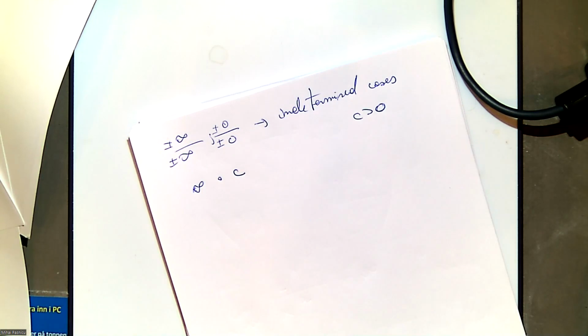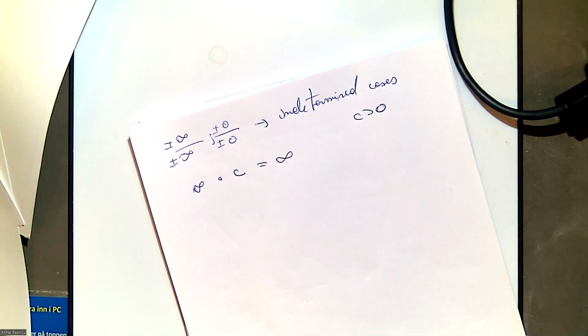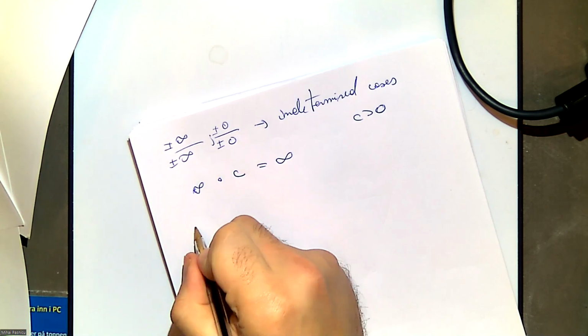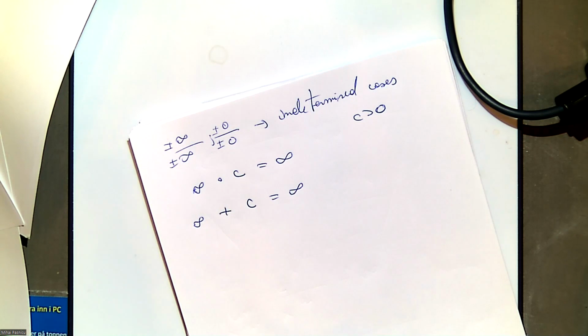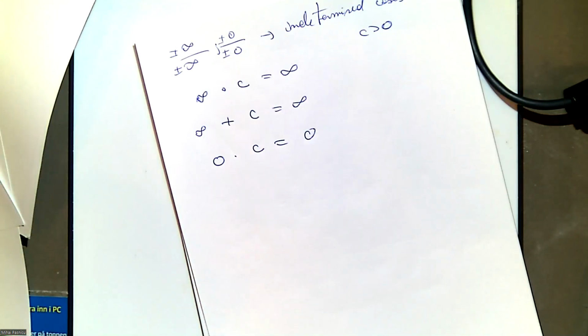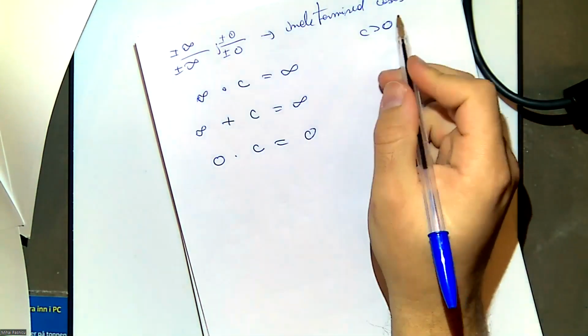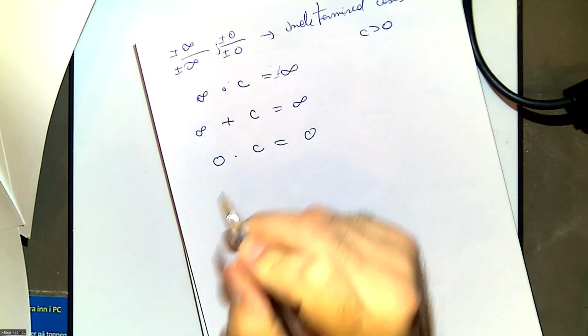If I multiply infinity a couple of times, positive, I mean, I just have multiple infinities, so infinity, right? Infinity plus constants, any constant, is still infinity. 0 times a constant is still 0. Again, I'm assuming positive. Obviously, if it's negative, this changes to plus minus, but I'm just assuming positive.